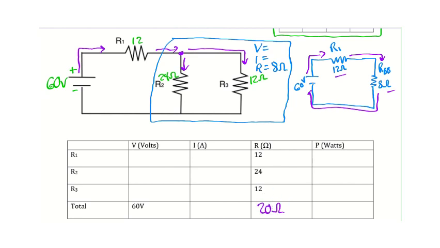And I'm going to fill that in the VIR table below. So now that we've found our total resistance, the next step would be to find our total current. So we're going to take our total voltage and divide by our total resistance and find our total current. And our total current is 3 amperes.